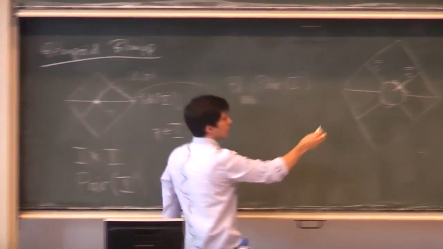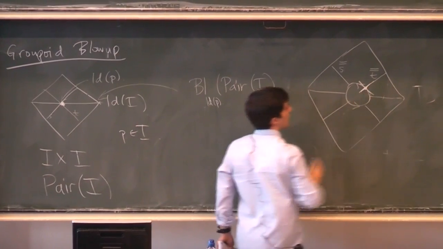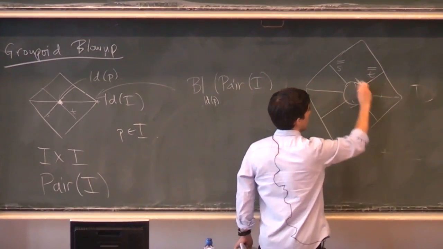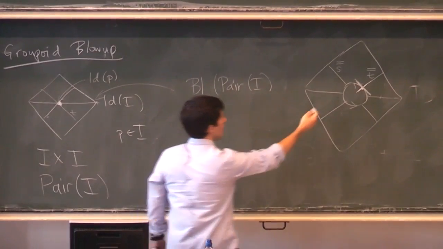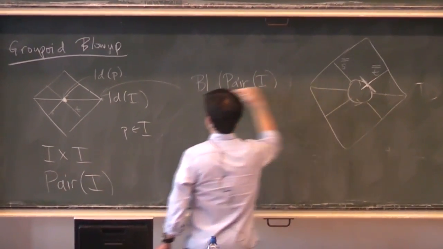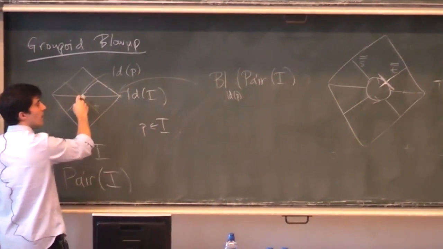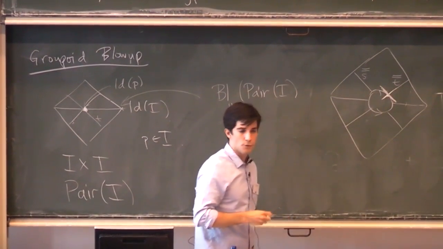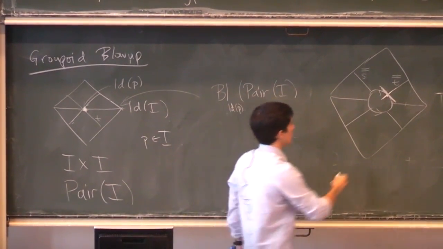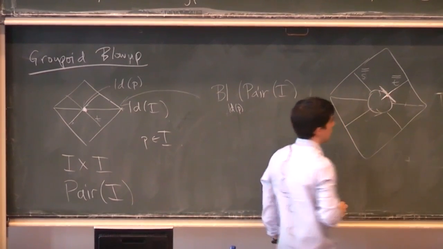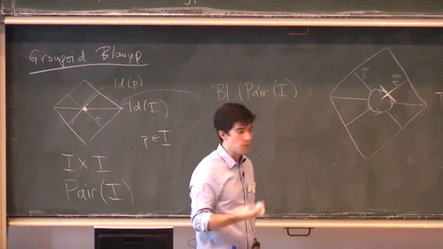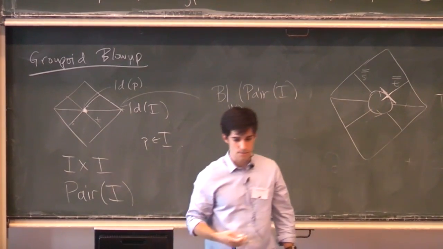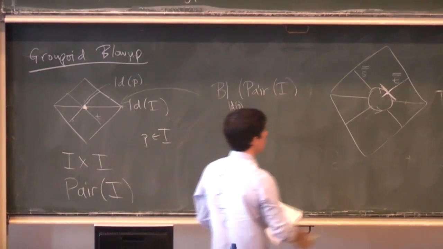So this direction is in the kernel of the derivative of the target map, and this direction is the direction of the exceptional divisor, which is sent to a single point under this map. This means that this direction will also be killed by the derivative of the source or target map. So this target map will not be a submersion. And we know that for a Lie groupoid, we need source and target to be submersions. So the solution is to remove that point.